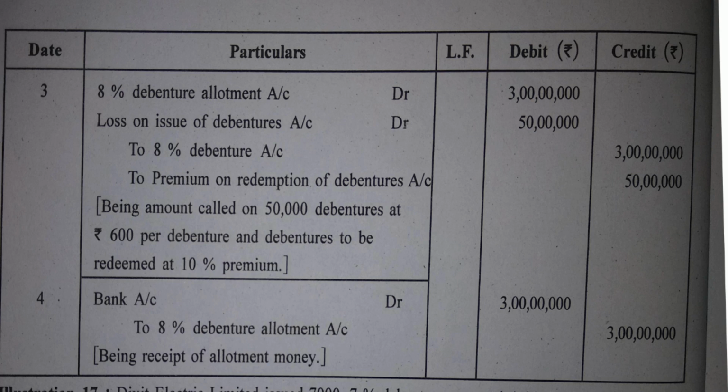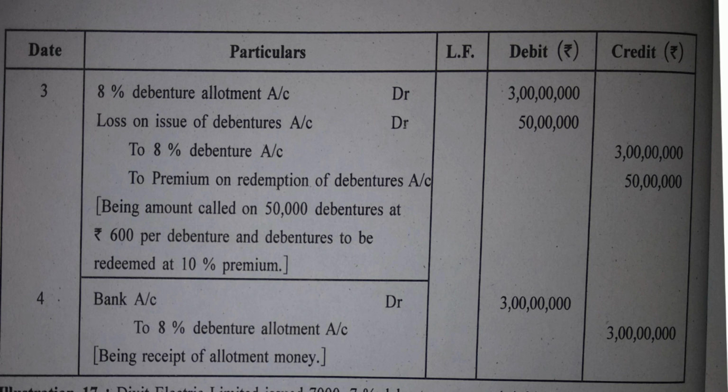Loss on issue of debentures account debit, because this is your loss. Of course, if you issue a debenture at rupees 1000 and you will return 1100 on the same, then 100 rupees is your loss. So 50,000 into 100 gives you 50 lakh rupees. This you will give after 8 years.